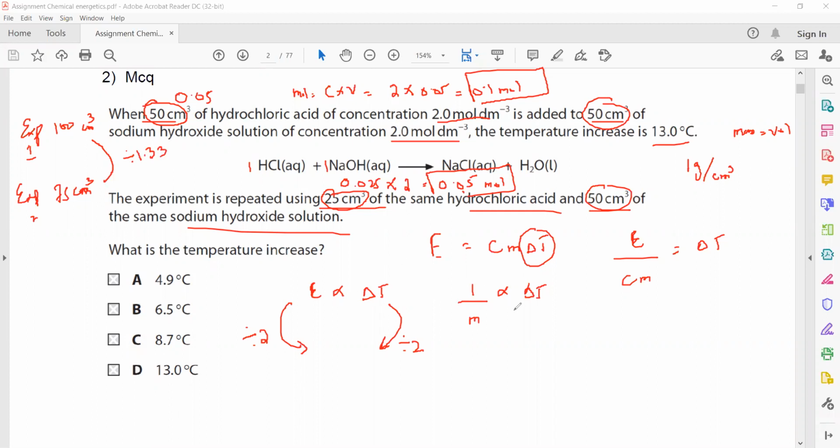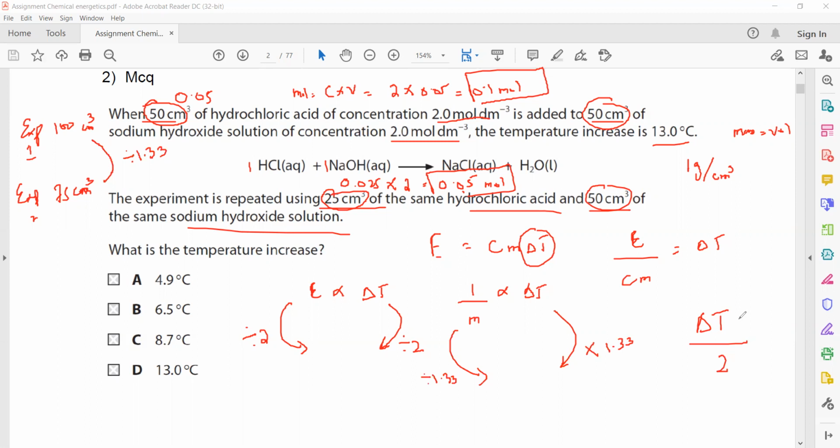And what is the relation between the volume or the mass and temperature change? They are inversely proportional. So the volume or the mass is decreased by 1.33, so the temperature change will increase by 1.33. So what is the overall change in temperature? Due to the change in the number of moles, it was divided by 2.